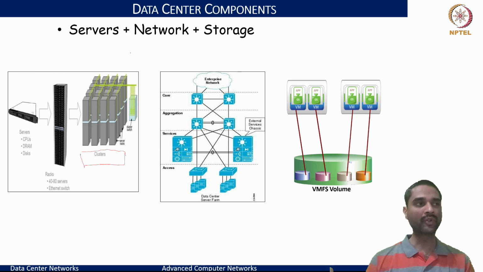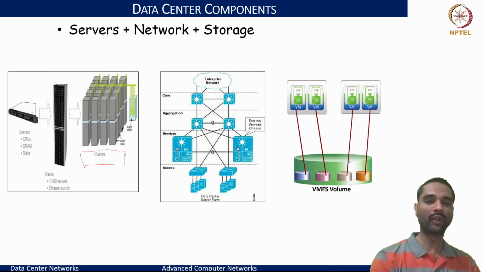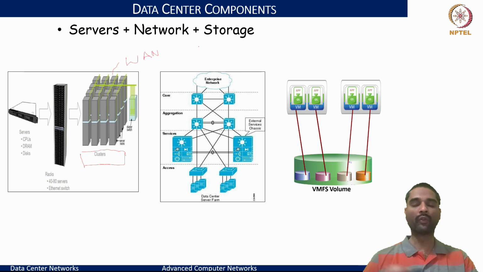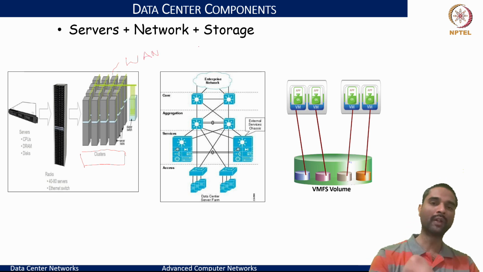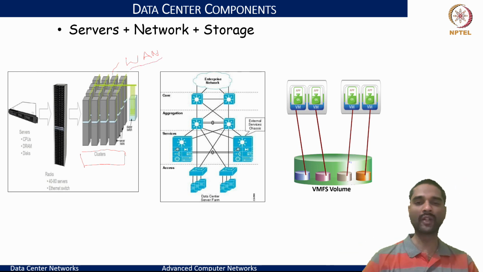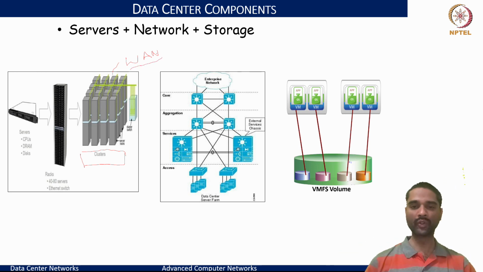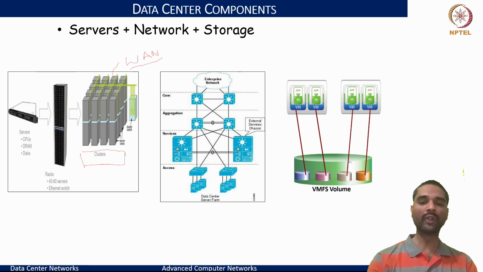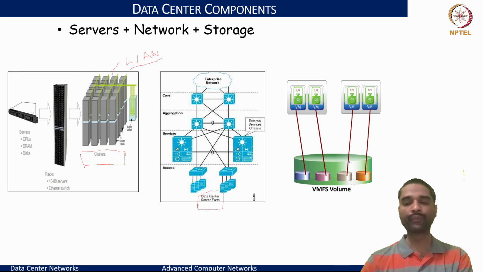If you have campuses across different locations, they may have to be connected through a WAN, and through the internet if you have to facilitate internet connectivity. This could be public as well as private wide area networks through which you can connect and access these services. When we want to build such an infrastructure, we need a specific architecture, and that's what we call a server farm. The architecture for server farms, we will look into in a bit.